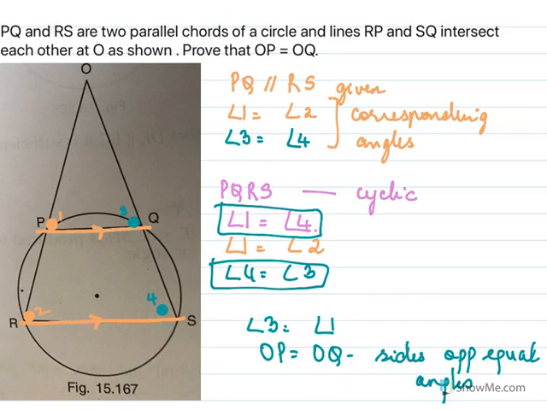But because of the property of cyclic quadrilaterals, I now have 1 equal to 4. If 1 equal to 4 and 4 equal to 3, therefore 1 equal to 3. 1 equal to 3, so these two sides will be equal.